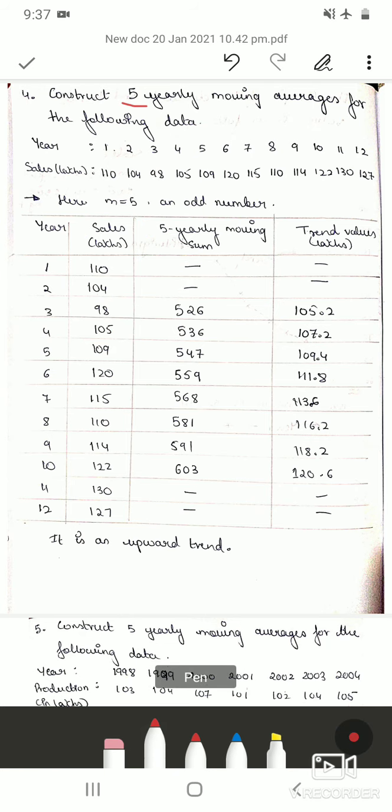The first sum is 110 plus 104 plus 98 plus 105 plus 109, which is 526. To get the next 5 yearly moving sum, we exclude the first value and add the next 5 values, which is 104 plus 98 plus 105 plus 109 plus 120, and write it in the next cell, which is 536.